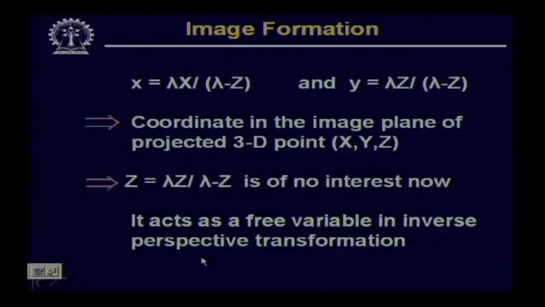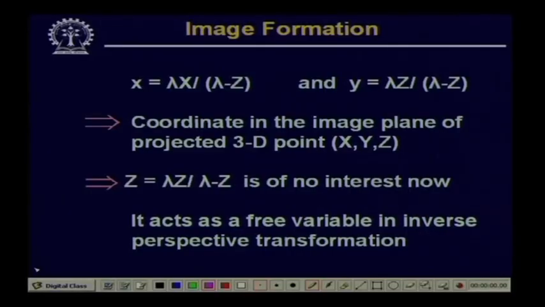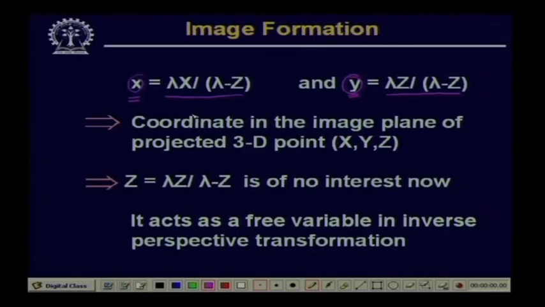Now, if I compare these expressions with the camera coordinate that we obtained with respect to our previous diagram, you find that lowercase x is nothing but lambda capital X divided by lambda minus Z. Similarly, lowercase y is nothing but lambda capital Y by lambda minus Z. Using our previous diagram, we have also seen that these lowercase x and lowercase y are the image points on the image plane of the world point capital X, capital Y and capital Z. So, this shows clearly that using the perspective transformation that we have defined as the matrix P, I can find out the image coordinates of a world point capital X, capital Y, capital Z.